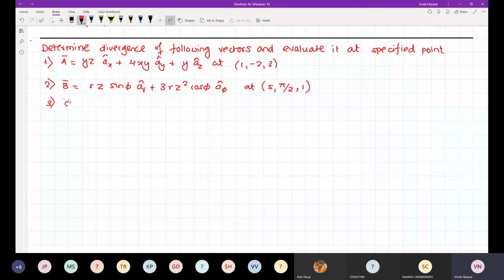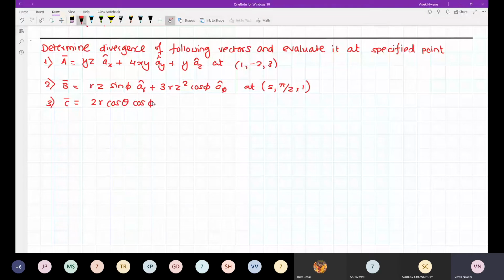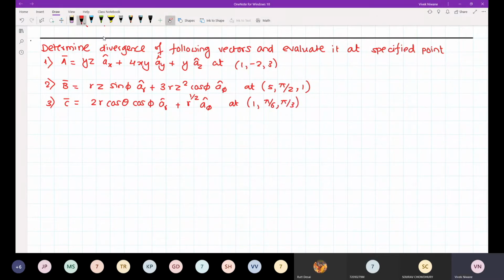And the third one is another vector c bar, which is expressed as 2r cos theta cos phi ar cap plus r raised to half a phi cap at the point (1, pi by 6, pi by 3).